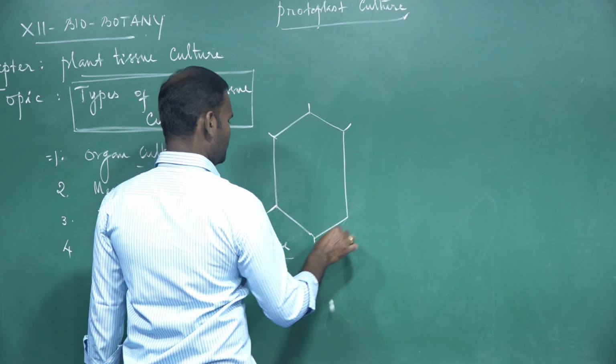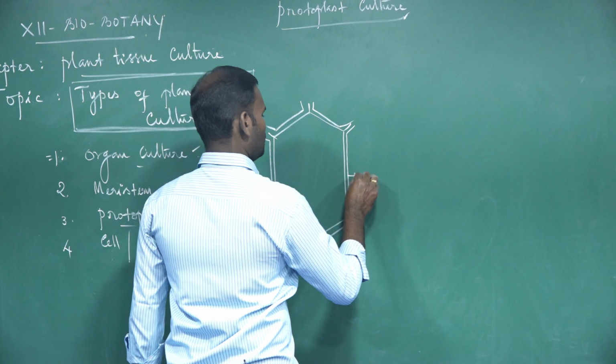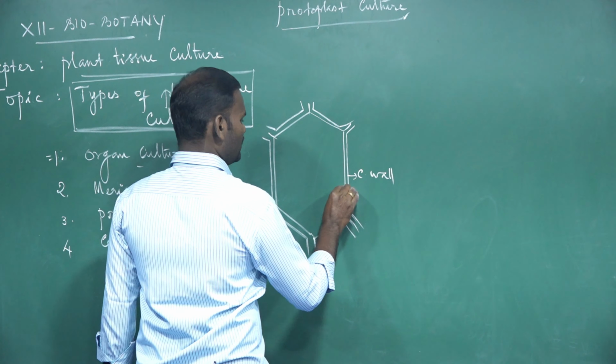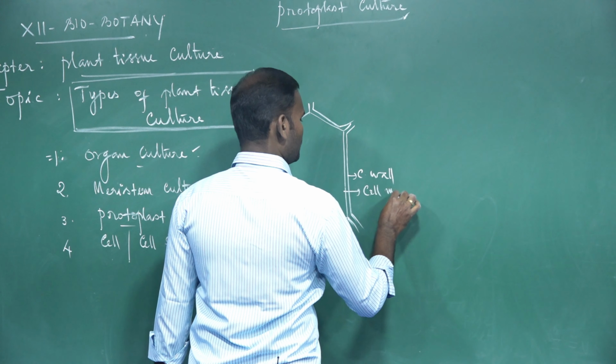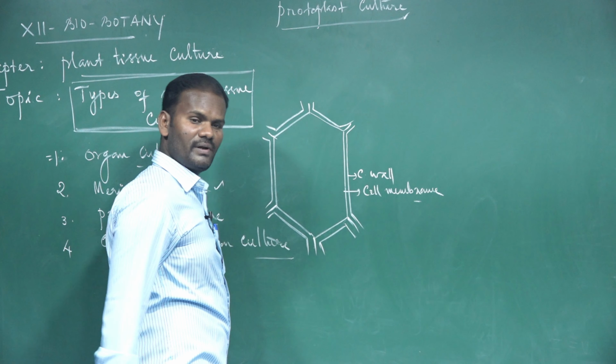It is a plant cell covered with the cell wall. This is the cell wall. It is the plasma membrane or cell membrane. Cell membrane is also called plasma membrane.